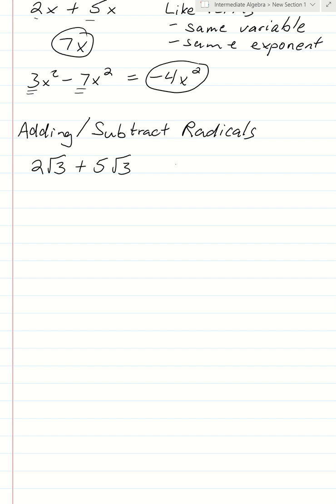What we have here are like radicals. What makes radicals like radicals? They have to have the same root index. And in this particular case, they do. They are both square roots. They also have to have the same radicand.